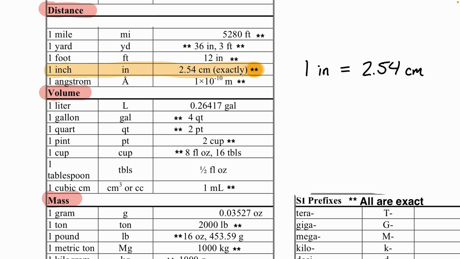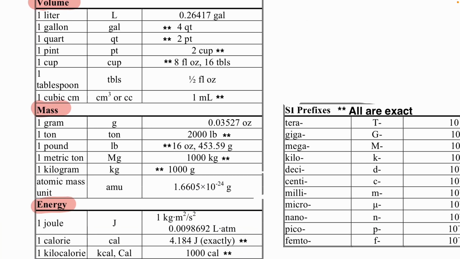So there's no sig figs associated, or rather an infinite amount of sig figs associated with that 2.54. The bottom line is that 2.54 is not going to limit our sig figs in our calculation. We consider that to be exact. We get to ignore it when we're figuring out what our sig figs in our answer is. This table is kind of designed to maximize the amount of exact conversions that are out there. Okay?